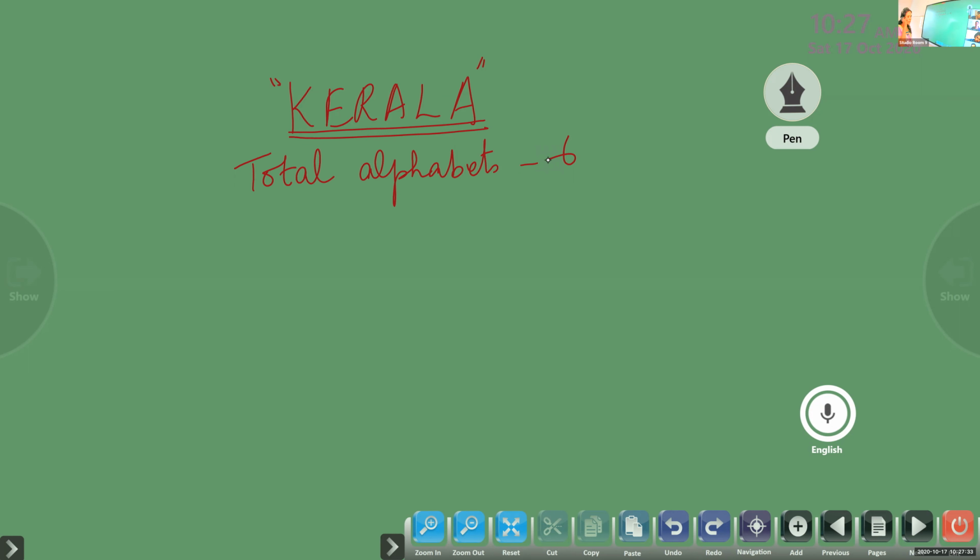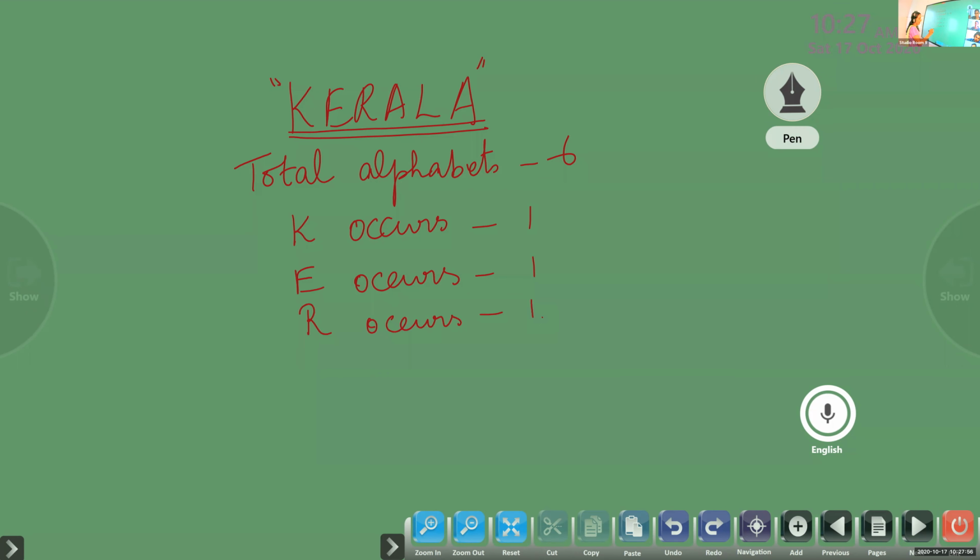Then you take each alphabet. How many times does the alphabet K occur? 1 time. If you take the second alphabet E, E occurs 1 time. If you take R, it occurs 1 time.